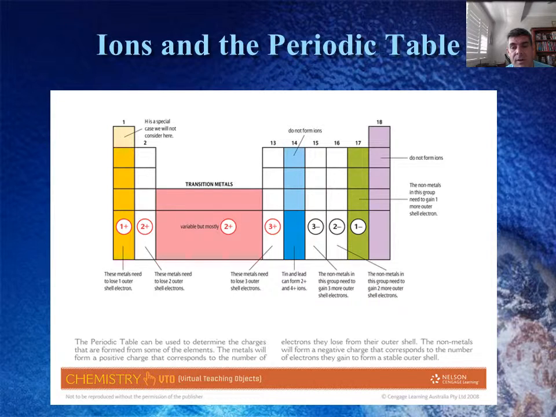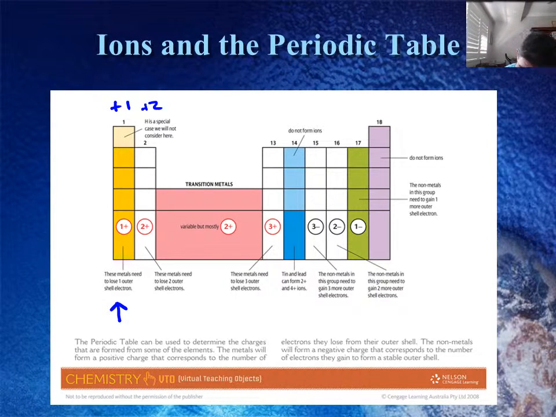When we look at the periodic table, and as I've mentioned to you before, you're always going to have this tool, so it's really important that you try as much as possible to put as many different labels as you can. The first group, the group 1 metals, or the active metals, have a 1+ charge. The alkaline earth metals have a 2+ charge.